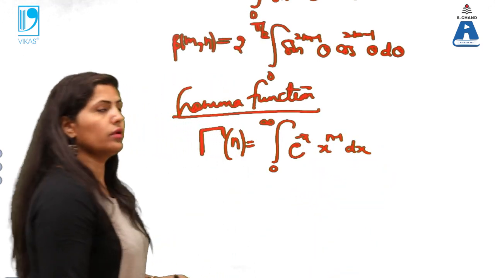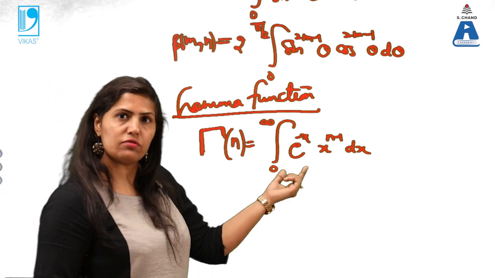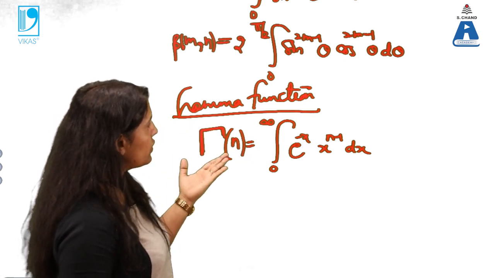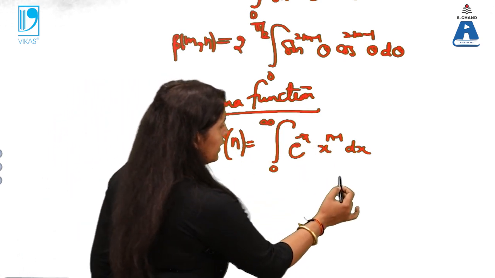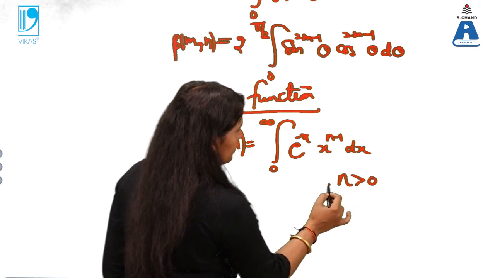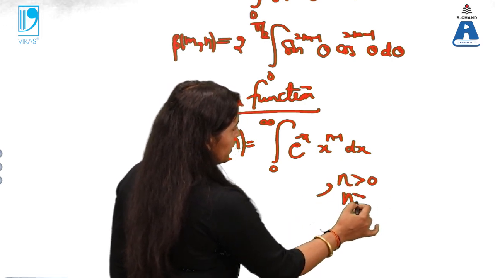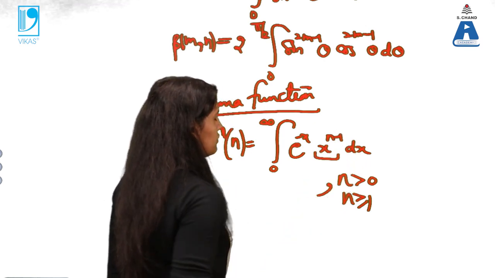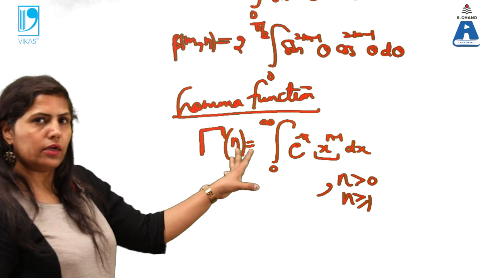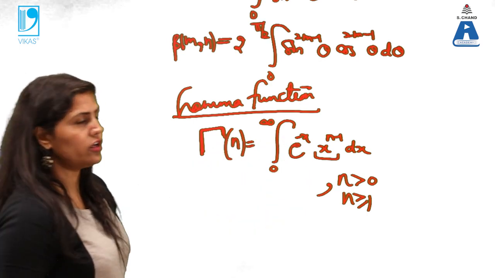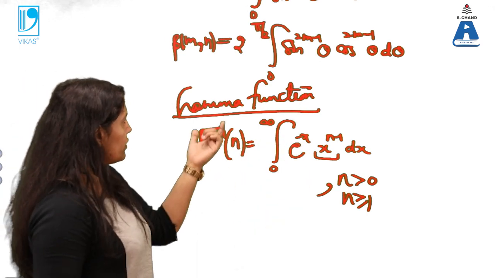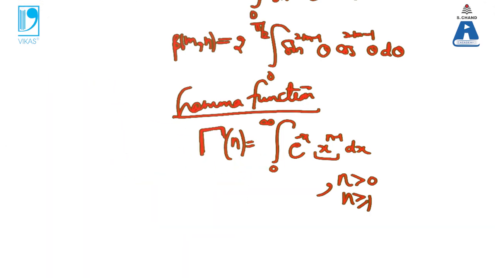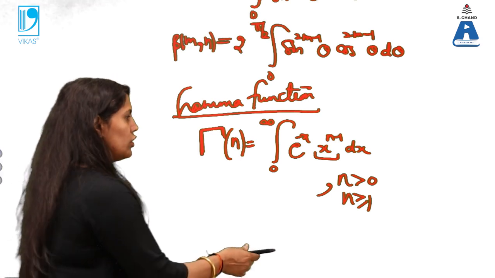Here also, because the limit is infinite, it is an improper integral, and I am putting a condition that n is positive. It means n is greater than or equal to 1. It is a convergent integral, because if the gamma function is useful, obviously it should converge; only convergence can help, divergence cannot help.